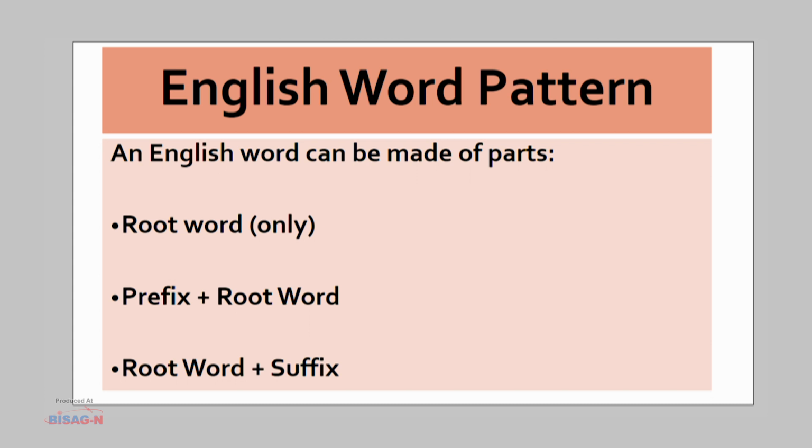So, if any candidate has the correct understanding of root word, followed by the knowledge of prefix and followed by the knowledge of suffix, then that kind of candidate can help himself to understand those English words in a better way.